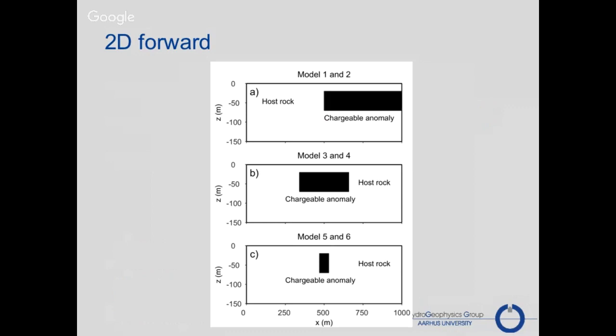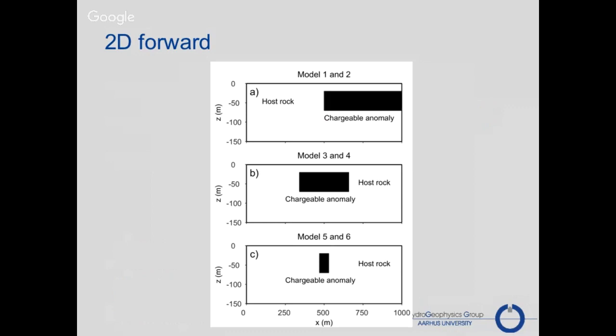We were playing with 3 kinds of models. So all of these are 2D models. We have a chargeable anomaly embedded in an Earth rock that is not chargeable, and we have 2 kinds of cases, conductive and resistive models. So in the conductive models, we have 100 meter in the Earth rock and 10 meter in the chargeable body, and then the Earth rock is not chargeable and the chargeable body is chargeable with a few hundreds of millivolt by volt for M0.